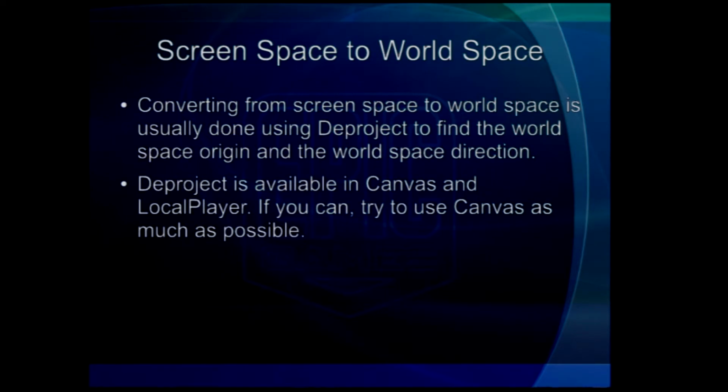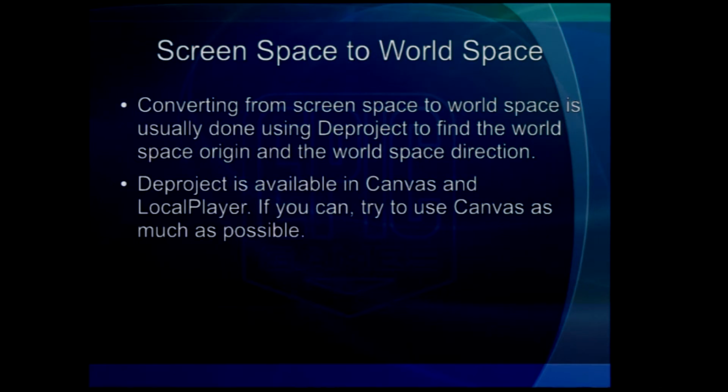Just a show of hands, how many of you have actually looked at Unreal Script, delved into that already? Just so you know, the deproject function is available in the canvas and the local player, so you can use it in two different places. For those of you that haven't used Unreal Engine 3, the canvas represents the screen space on which you can draw things, like widget elements, text and things like that.